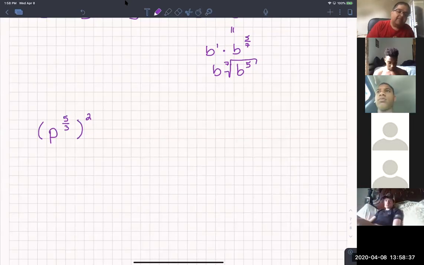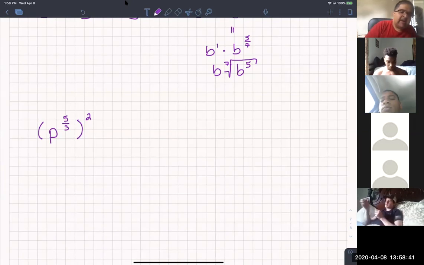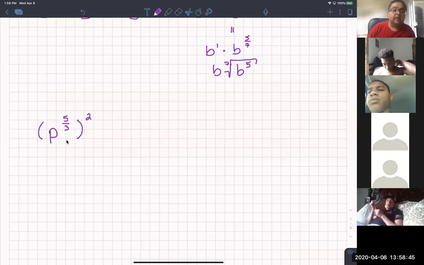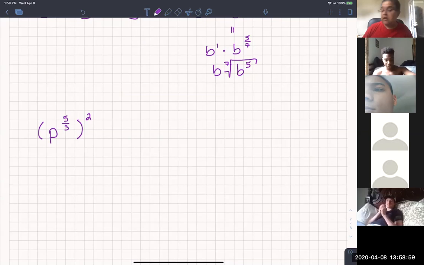Do we add them? What do we do? What do we do when we have an exponent raised to an exponent? Well, okay. Multiply, yes. So this is equal to 5/3 times 2.